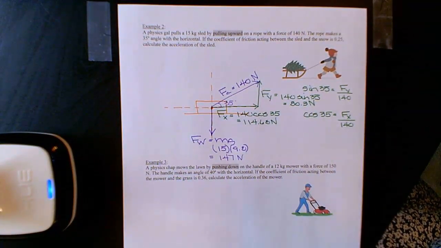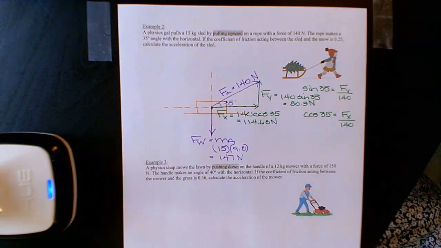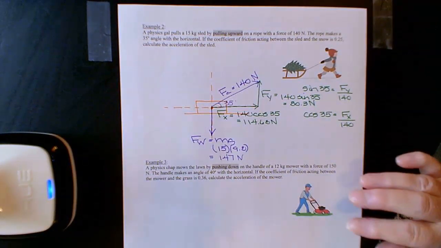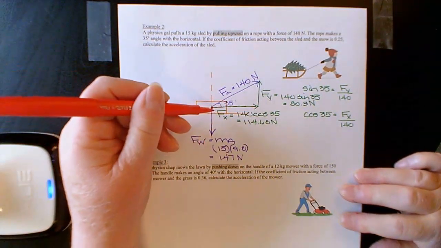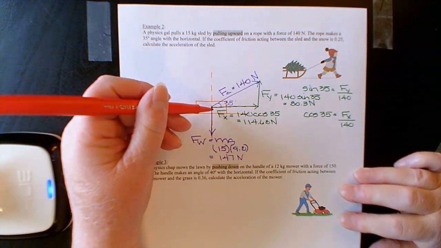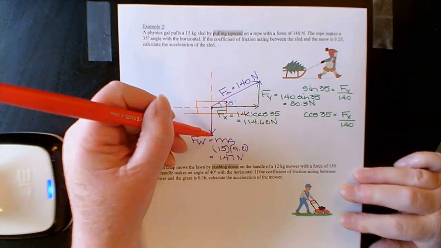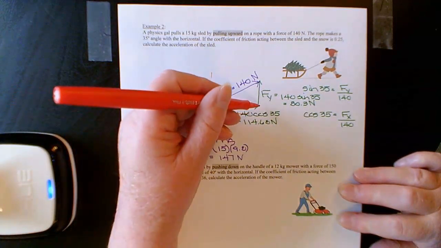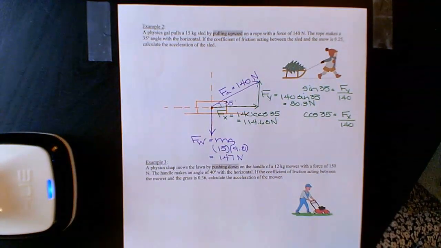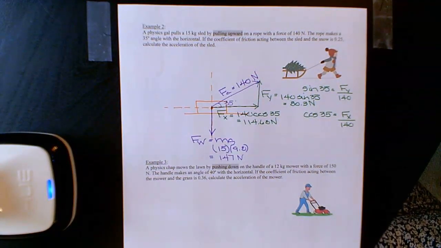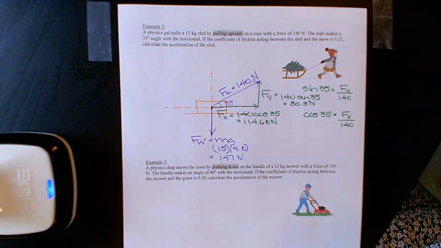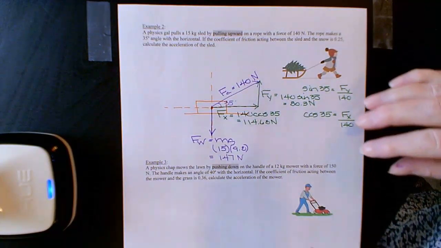All right, so now I want to talk about the normal force. So the normal force is the force that a surface presses back up. But look what's pressing onto the surface. You have a force of 147 newtons pressing down, but you have a force of 80.3 newtons that is pulling upward because of you pulling that rope at an angle.